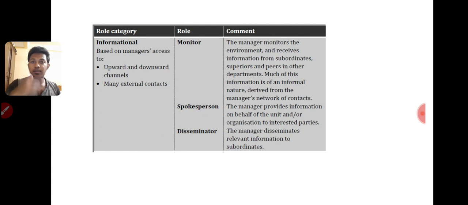Communication was given by Mintzberg, right? You may be asked this in your paper. So there are 2 drawbacks: communication and motivation were not given by Fayol. Who introduced the communication? Communication was introduced by Mintzberg, right?